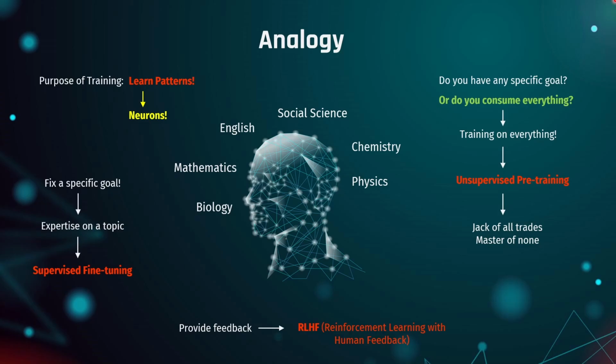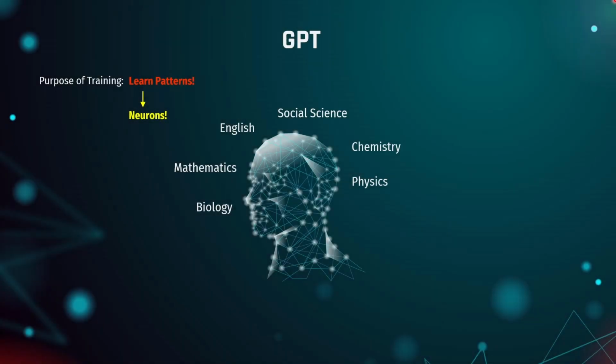Now, how does it all translate to GPT? Okay, so a quick reminder. What was the purpose of training the GPT, right? So that it could learn the patterns. And we humans, how do we learn patterns? We said that we have in our brains neurons or nerve cells that help us identify patterns in languages, right?